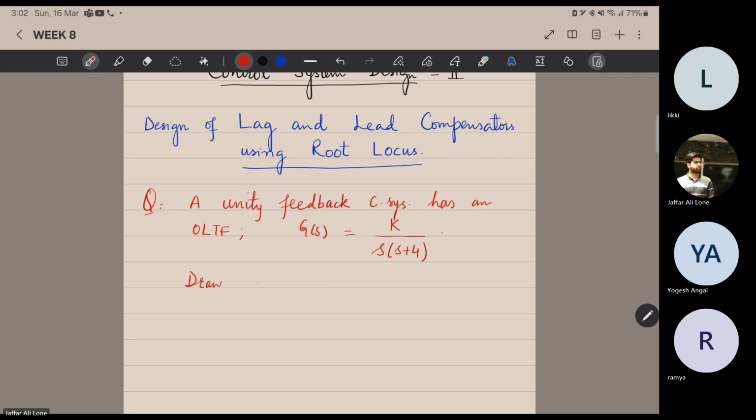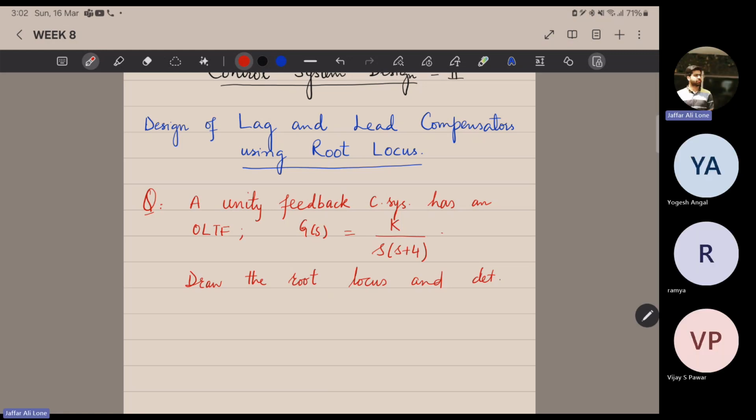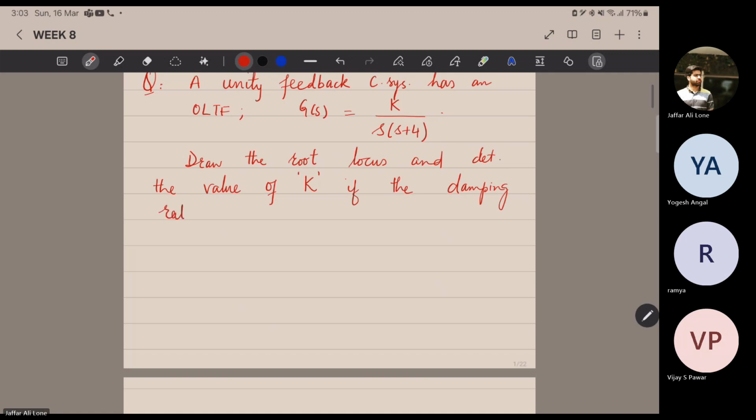Draw the root locus and determine the value of K if the damping ratio zeta is 0.707.